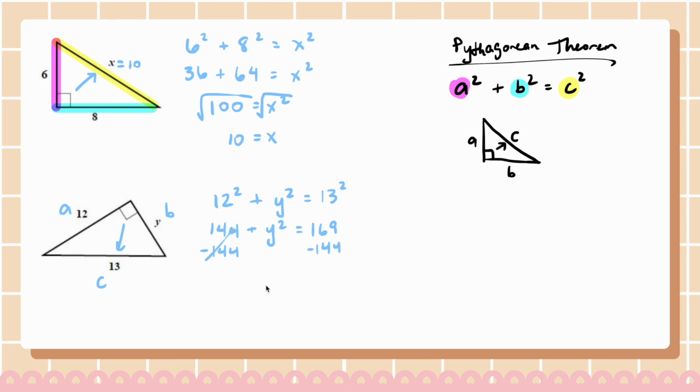This now cancels out. And all I'm left with on this side is y squared equals 169 minus 144 gets me 25. Again, let's square root both sides to get rid of the square. And now I'm left with y equals 5. So that means this side length over here is equal to 5. And that's how you find the missing side length of a right triangle.